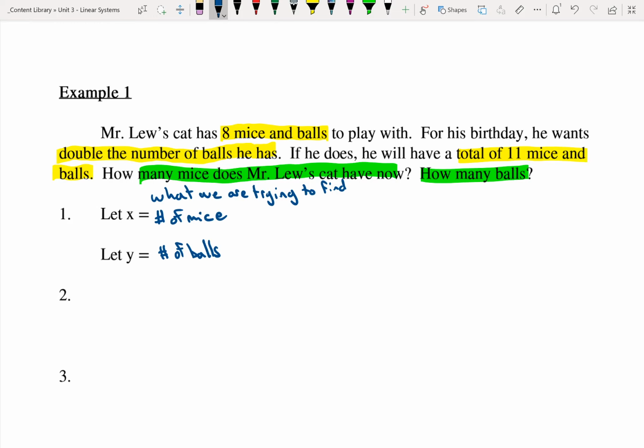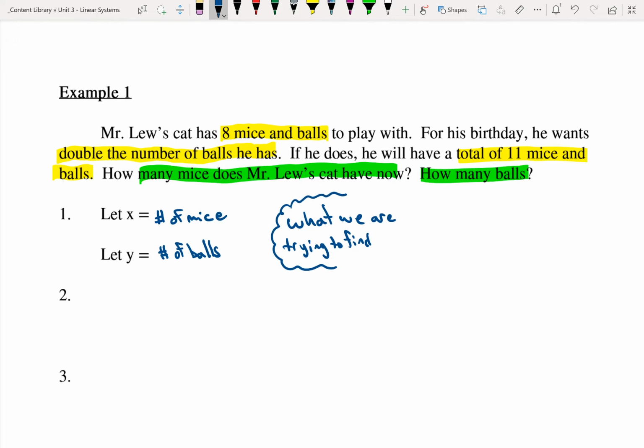So that's step 1. So these are what we are trying to find. Those are usually what your variables are going to be, the two things that you're looking for, or the two things that the question is asking.